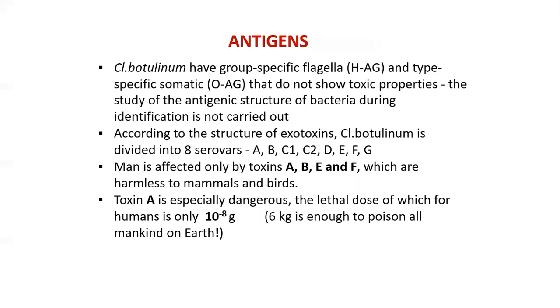Man is affected only by toxins A, B, E, and F, which are harmless to mammals and birds. Toxin A is especially dangerous, the lethal dose of which for humans is only 10 to the power of -8 gram. 6 kg is enough to poison all mankind on Earth.